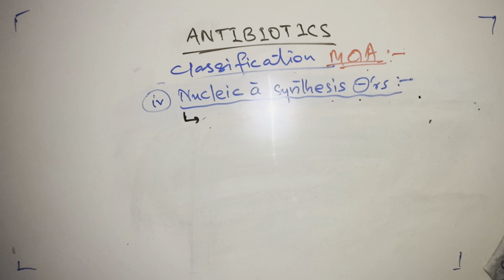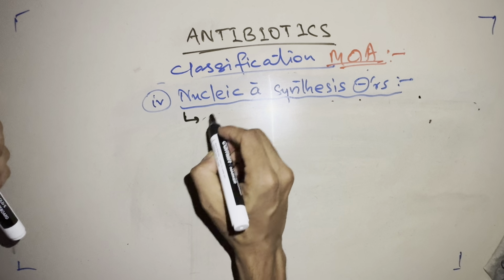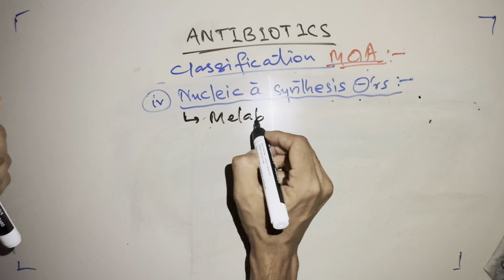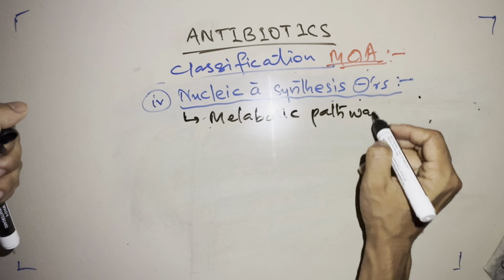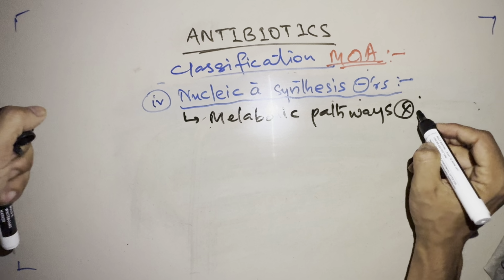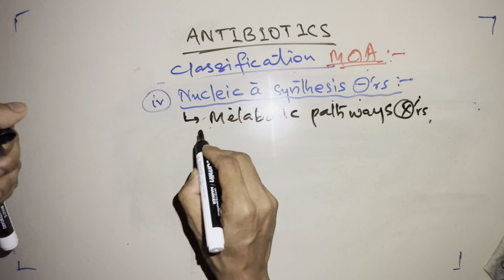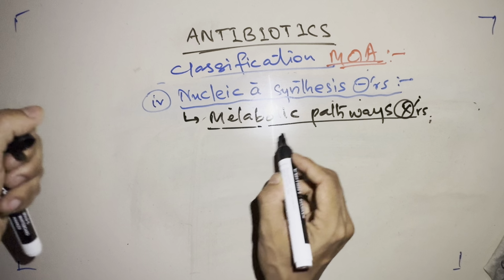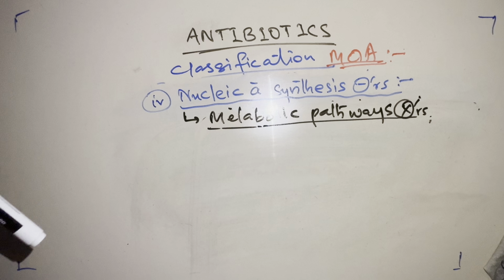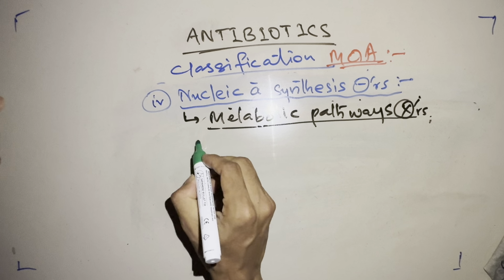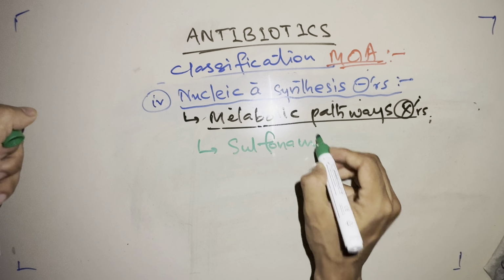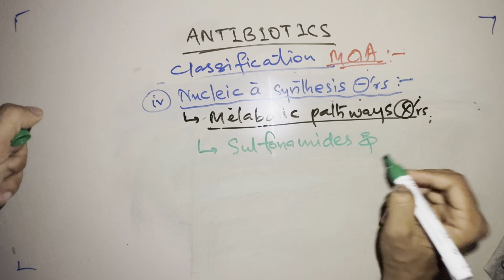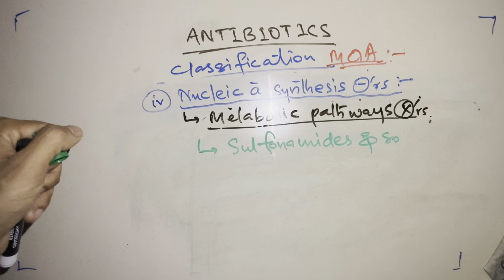Next, by blocking the metabolic pathways, that is metabolic pathway blockers. So what are the examples of metabolic pathway blockers? Examples are sulfonamides and sulfones.